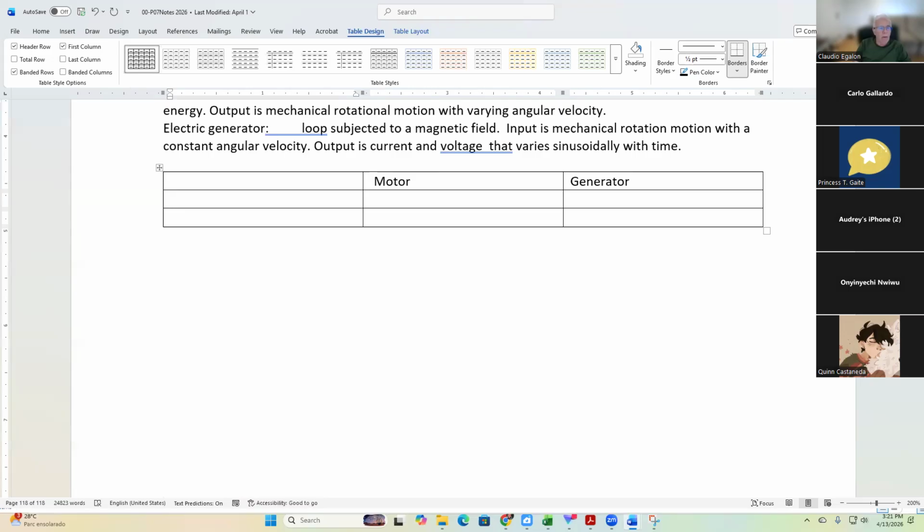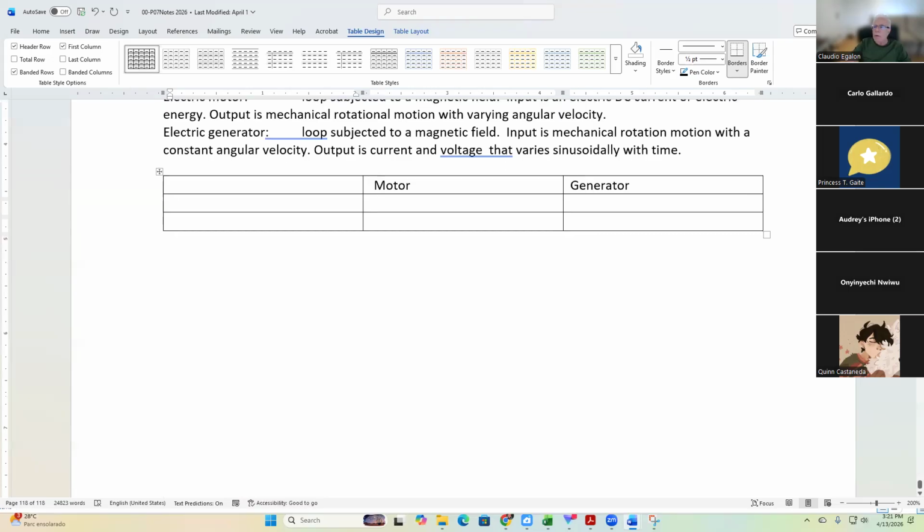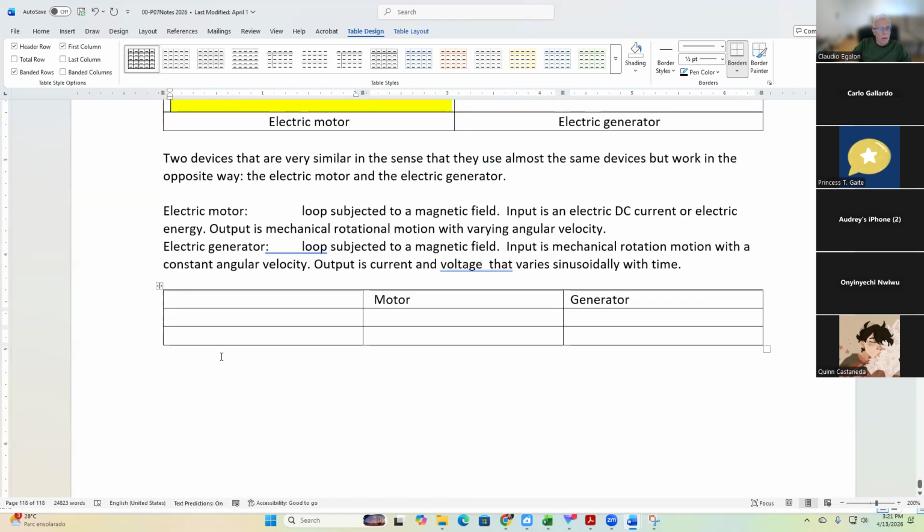Let's see how we're going to do here. Device one. Conducting loop. Right? Device two.